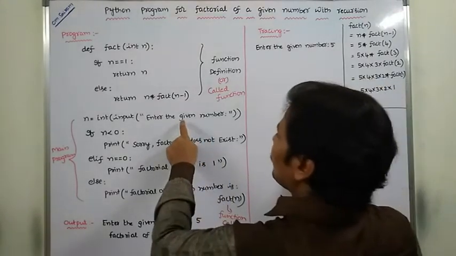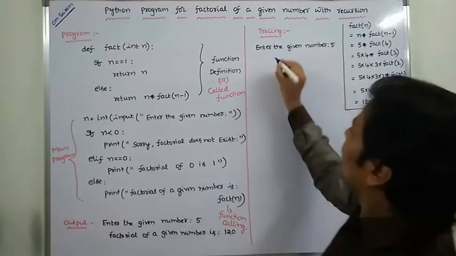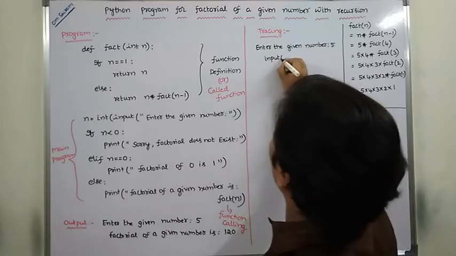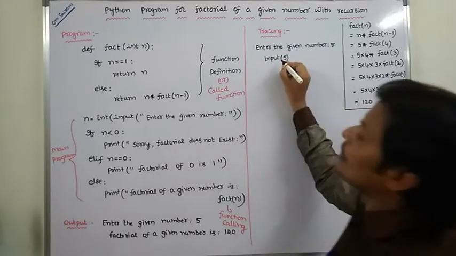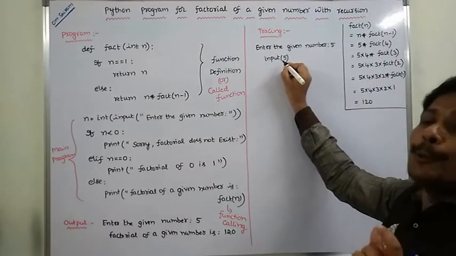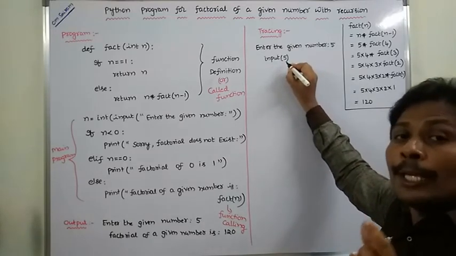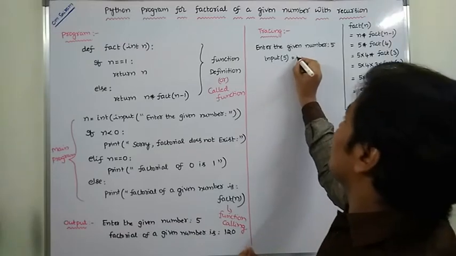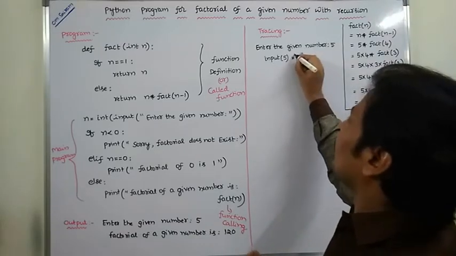This 5 value is taken by the input function, input of 5. The input function reads the value entered by the user or programmer, then returns the string "5".